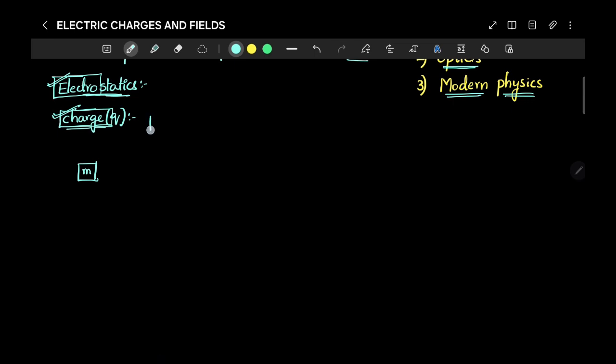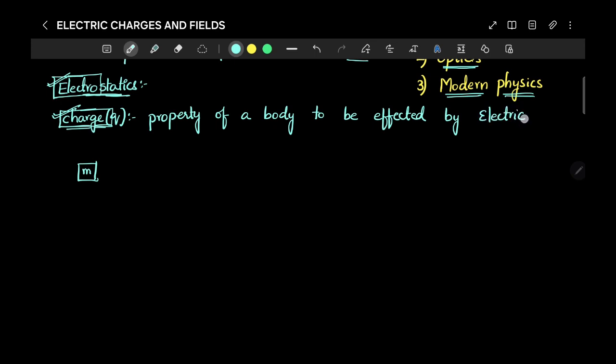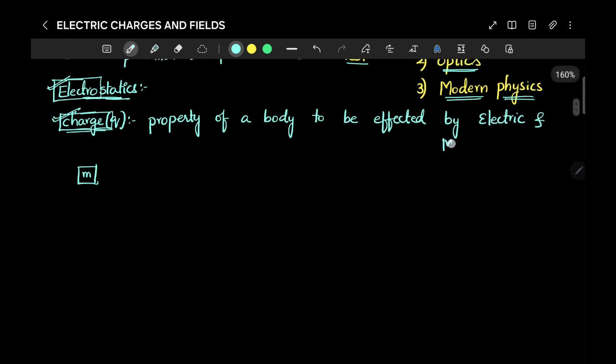To be clear, it is the property of a body to be affected by both electric and magnetic fields.